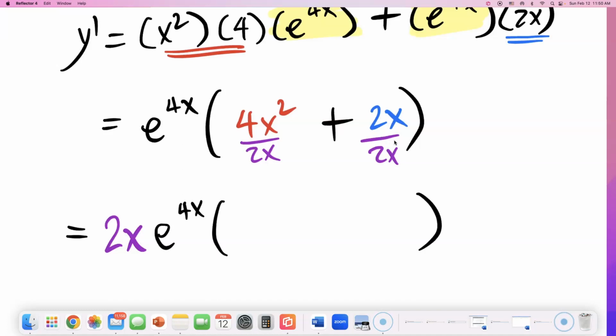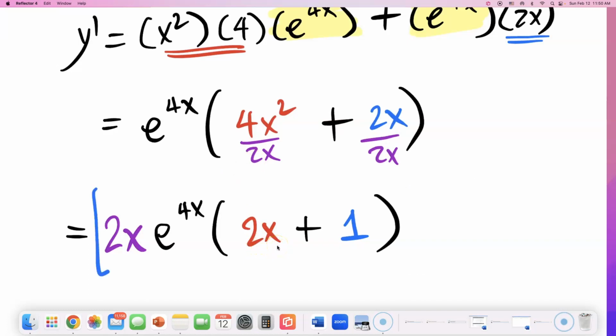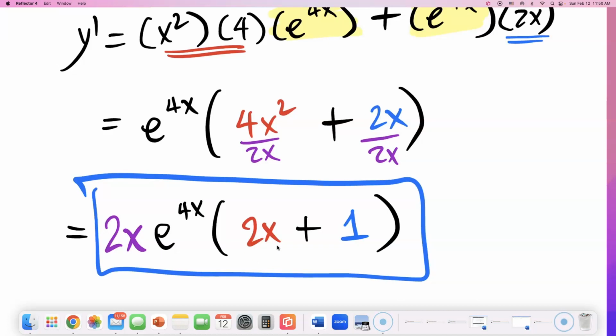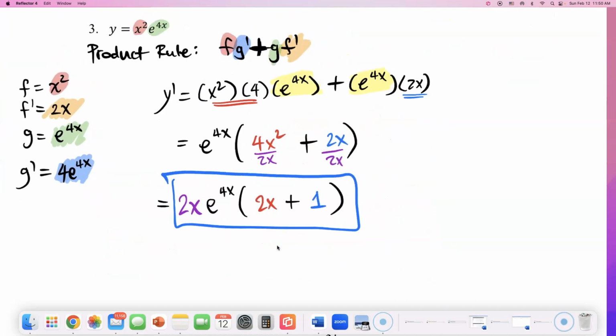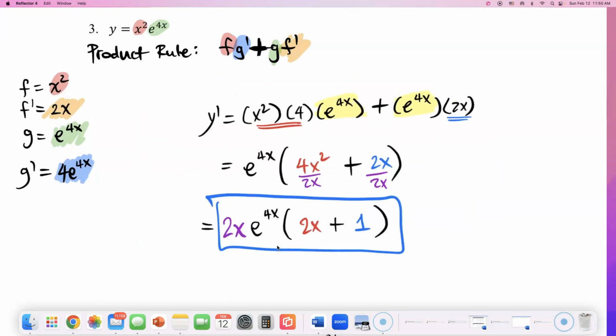And what's left inside this parenthesis? 4x squared divided by 2x will be 2x. Oh, that will be 2x plus, well, 2x divided by 2x, okay, that's not 0. Anything divided by itself is 1. Therefore, inside the parenthesis simplifies very nicely into 2x plus 1. So keep on practicing simplifying your algebraic expression using various algebra skills like factoring and simplifying like terms.